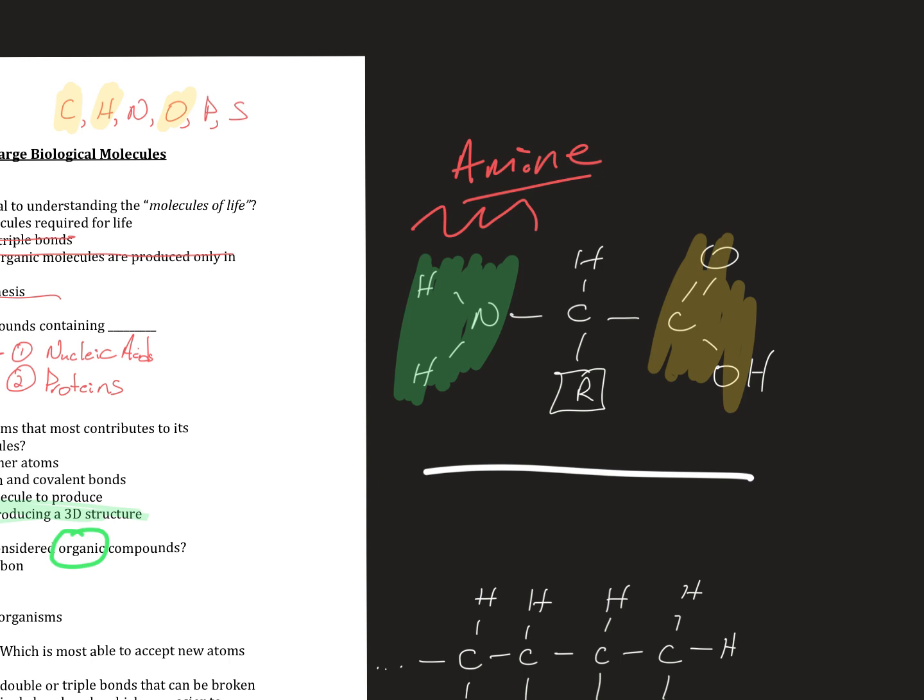For 3 weeks, I've been begging you to do it. Amine, NH2, 2 hydrogens and a nitrogen. Carboxylic acid, 2 oxygens and a hydrogen and a carbon, COOH. An amino acid has an amine group, an acid group, and then a side chain or R group, a variable.